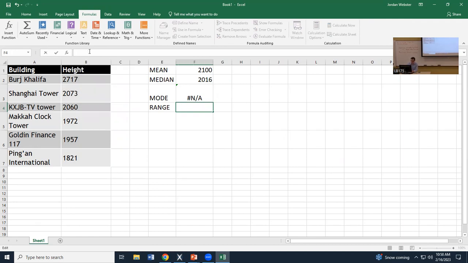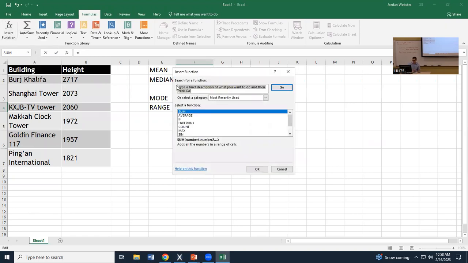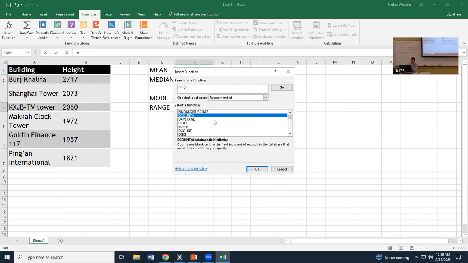Let's look it up. Range. All right. Yeah, I don't have a range here, at least not one that I see.